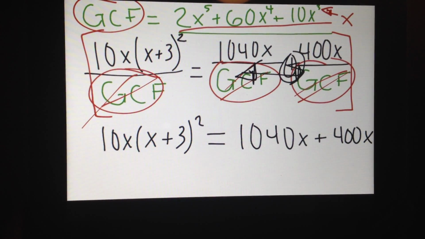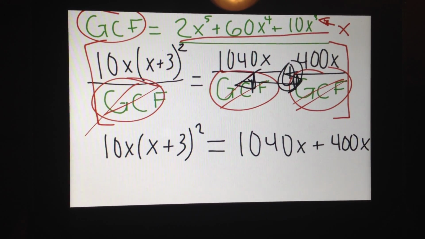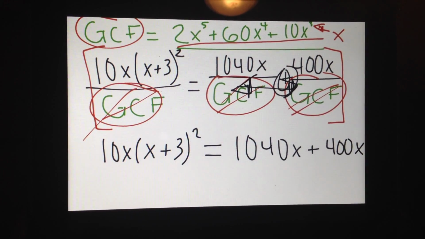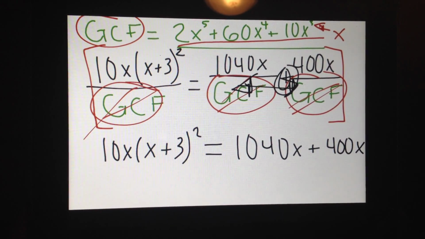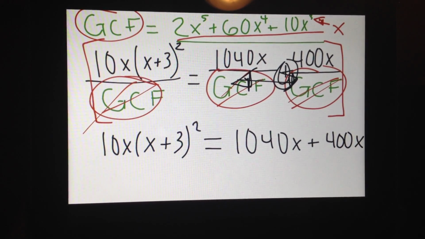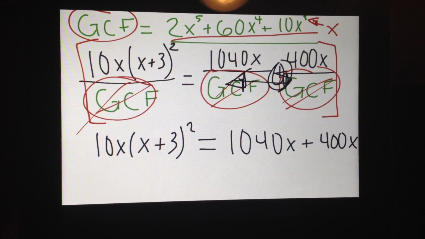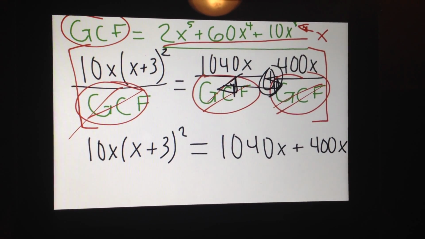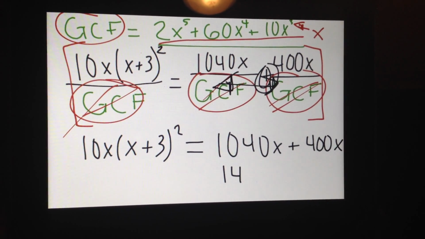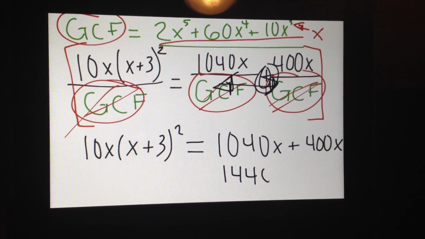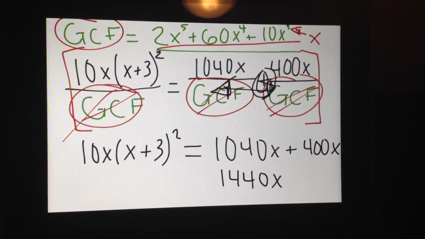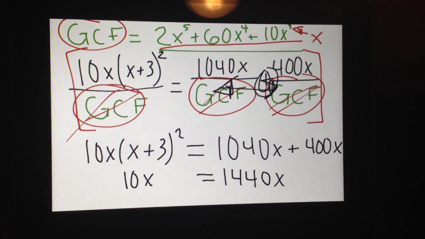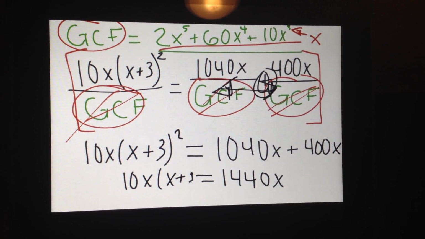So now we got rid of the GCF, so there's no more dividing left. Now that we took out the dividing, we can combine like terms. 1040x plus 400x is going to end up being 1440x, and that's going to be equal to 10x times x plus 3 squared.